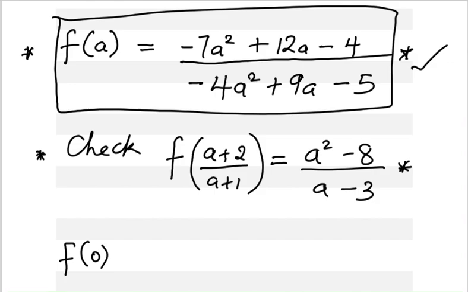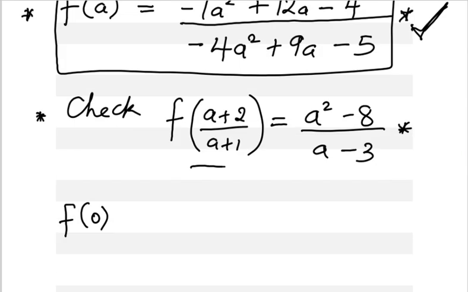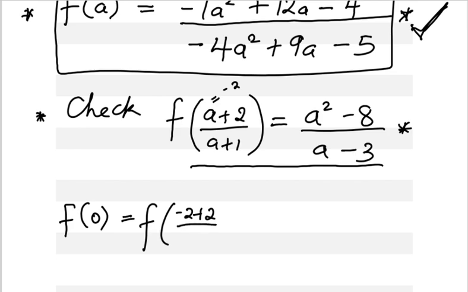If we do, that means our solution is correct. So for the initial function, to have f of 0, that simply means that our a here needs to be negative 2. So a has to be negative 2 across the board to have f of 0, which you can say is f of negative 2 plus 2, which is 0, all over negative 2 plus 1, which is negative 1, and this is just f of 0.